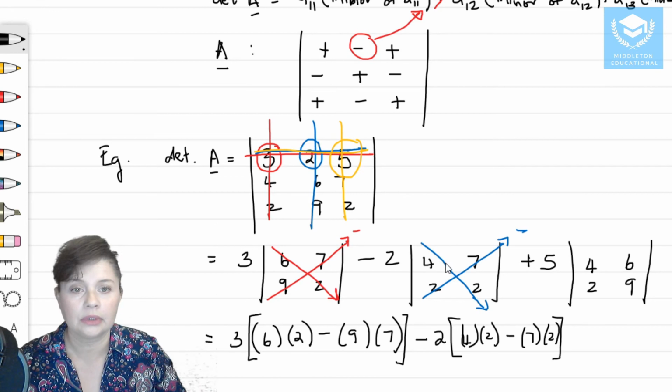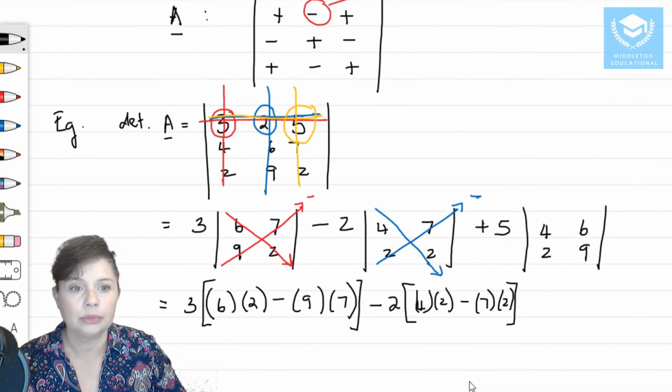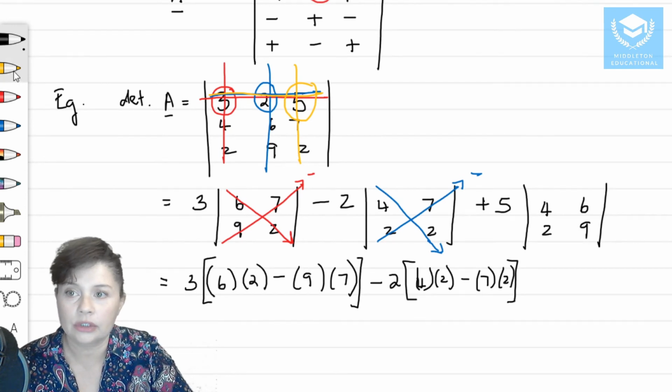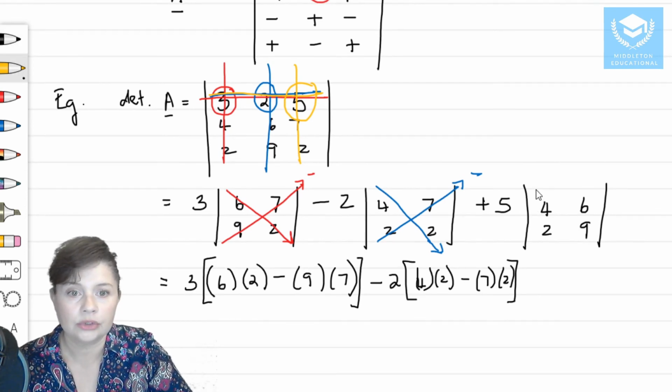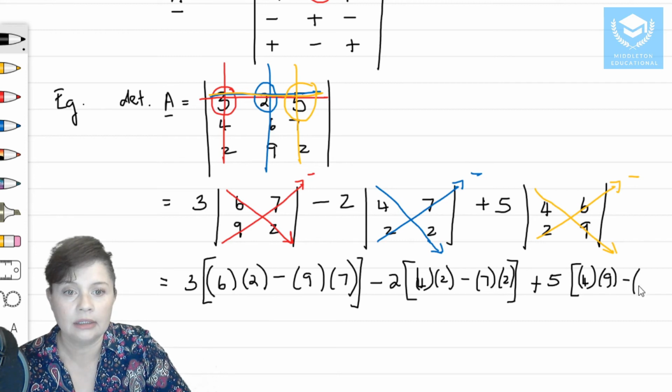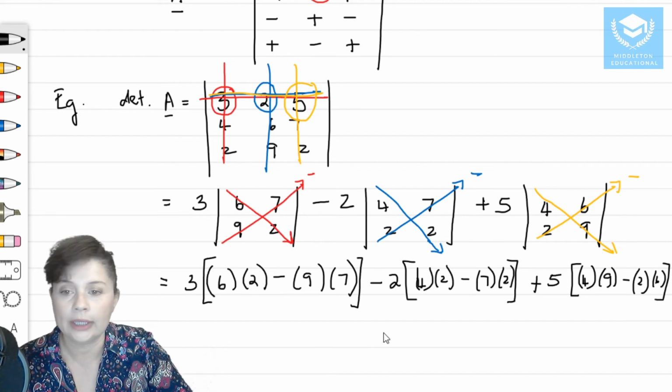Let's just move this over a little bit so we can see. And then we've got the yellow one, which is going to be that times that minus that times that. So plus 5 times 4 times 9 minus 2 times 6. And that is going to work out to minus 21.